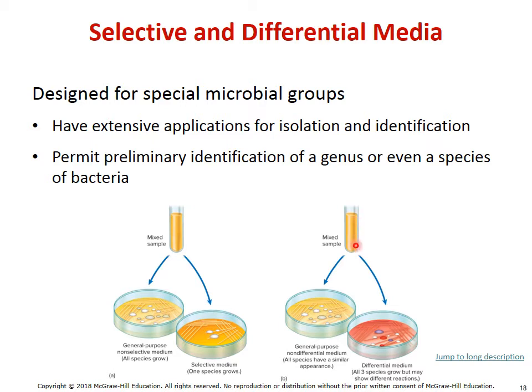Whenever we talk about differential, notice we can use the same mixed sample, but whenever we plate it on a differential media, notice we still grow most of what we would have grown before because we're not trying to select for anything here. Instead, though, notice that there has been a physical difference in what has grown. Notice again, colonies have a unique, different appearance that they wouldn't normally have. So the idea behind differential is to allow for some cue that tells us that this is a specific type of bacteria.